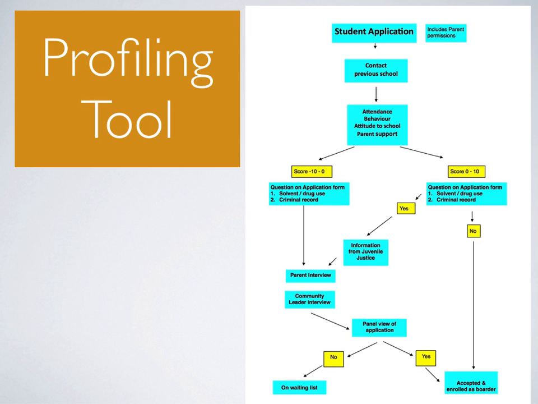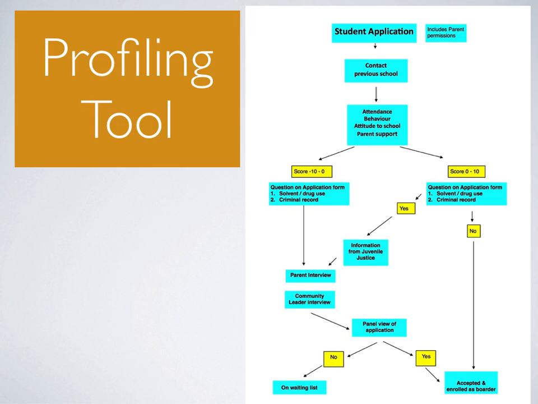And so you can see this, just following this profiling tool down, the student's application comes in. So the residence will contact the previous school. They look at attendance, behaviour, attitude, parent support, those sort of things. And you can use the profiling tool to develop a score.